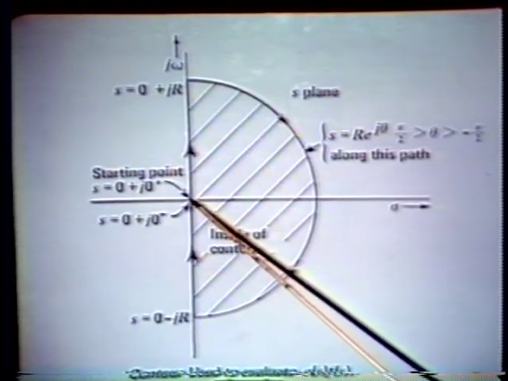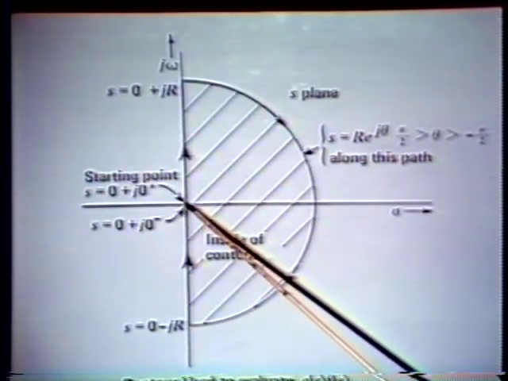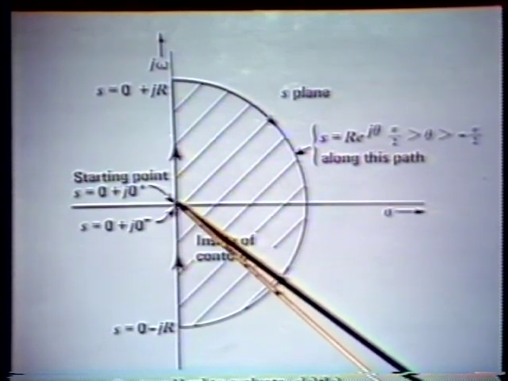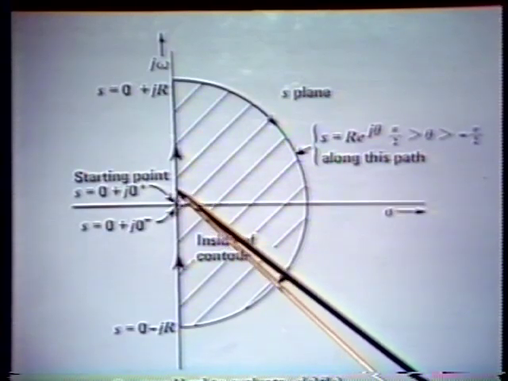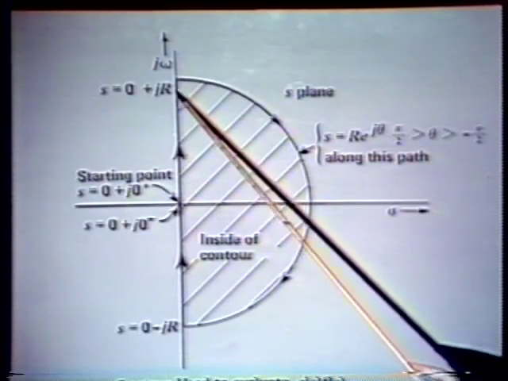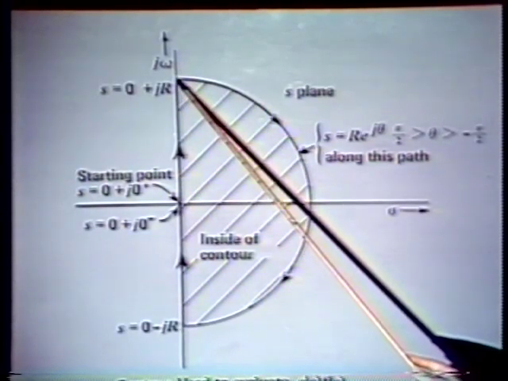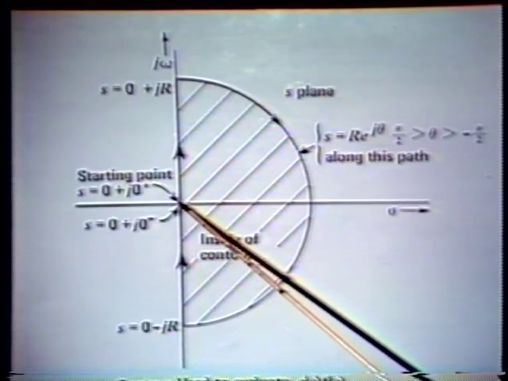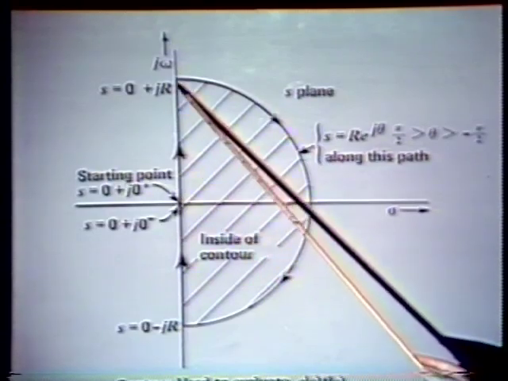In other words, at this point in the S-plane, we evaluate the AF product at S equals 0 plus j0 plus, if you will, and then we continue evaluating the AF product as S takes on increasing values along this line, an imaginary component, but no real component. We get magnitudes and angles for the AF product corresponding to the values of S along this line.